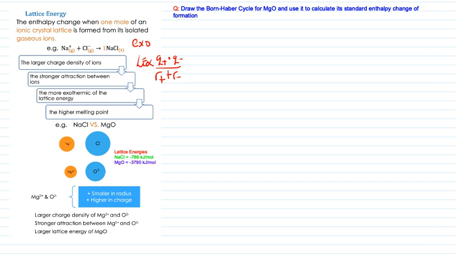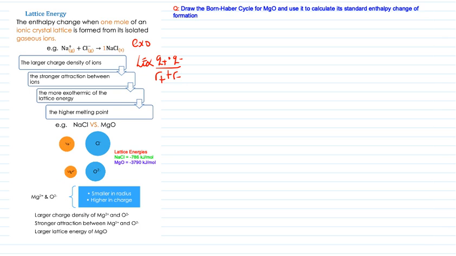For example, in this case, sodium ion Na plus is bigger than Mg2 plus, but the magnesium ion has a bigger charge and a smaller cationic radius. So in other words, we say magnesium ion has higher charge density.